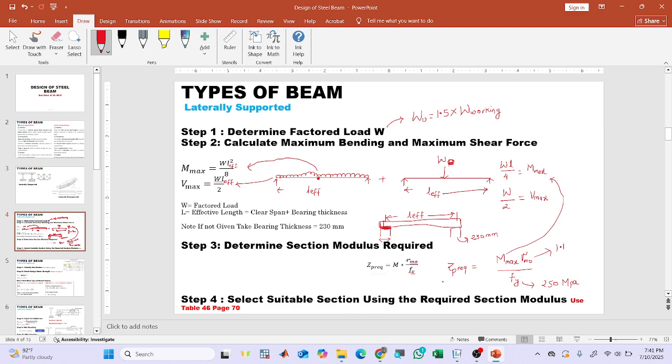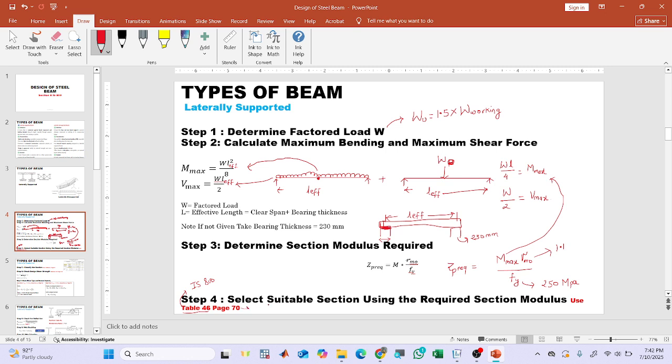After finding the required plastic modulus Zp, we will go to table 46 of the IS code, IS 800. In IS 800 table 46, we will get the plastic properties of the beams. So ignore this page 70.